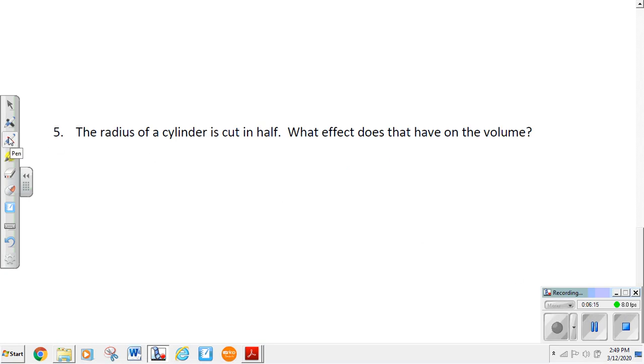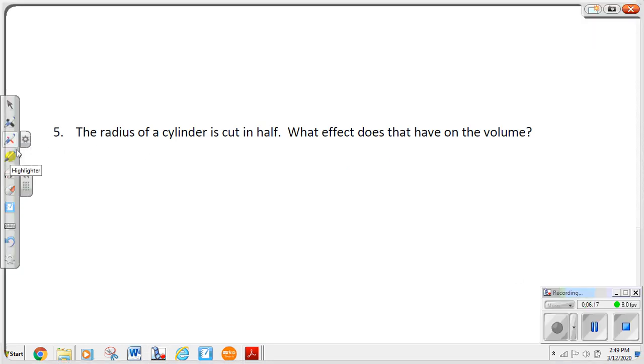Number 5. The radius of a cylinder is cut in half. What effect does that have on the volume? So we're talking about the volume of a cylinder, which uses the formula V equals pi r squared h. If the radius is cut in half, let's replace r with 1/2 r.